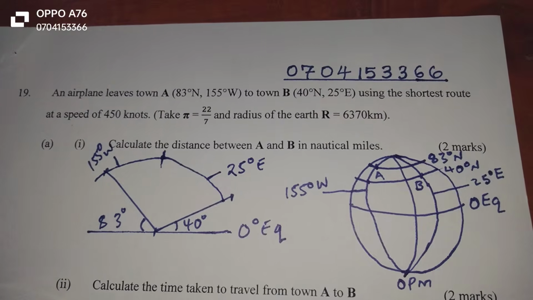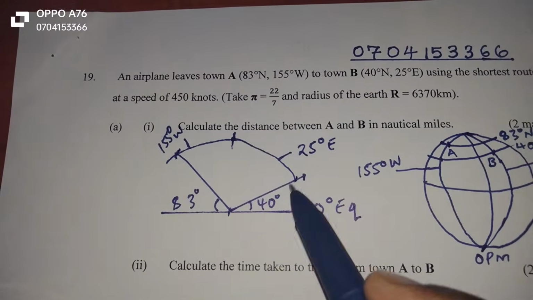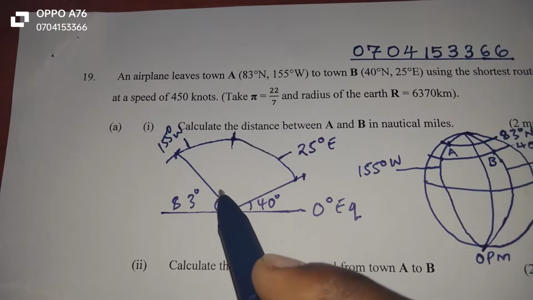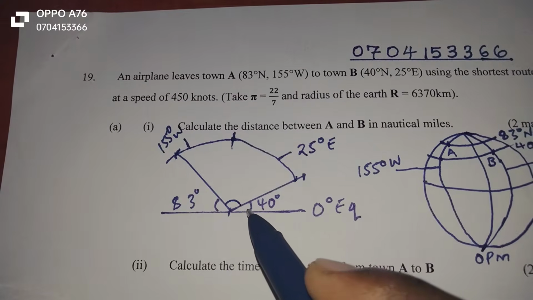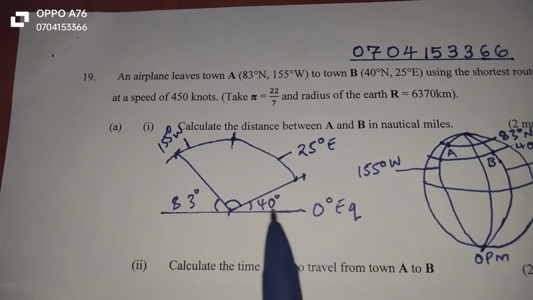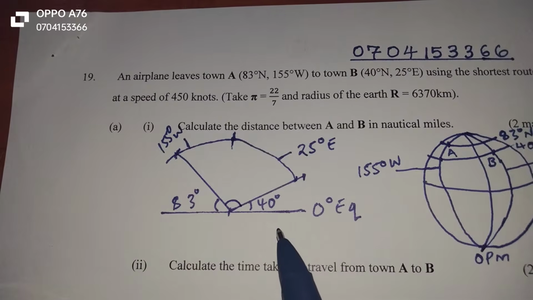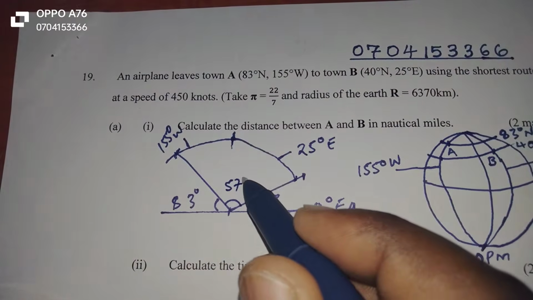Now the path followed from this point to this point will be distance along a great circle, radius being the radius of the earth, and the angle at the center of this arc is going to be, when we take 180 and subtract 83 and 40, exactly 57 degrees.